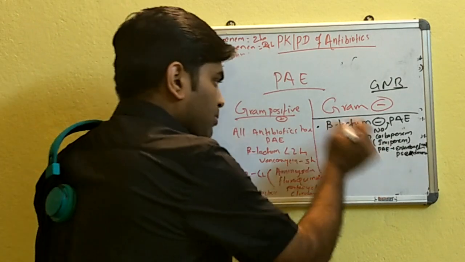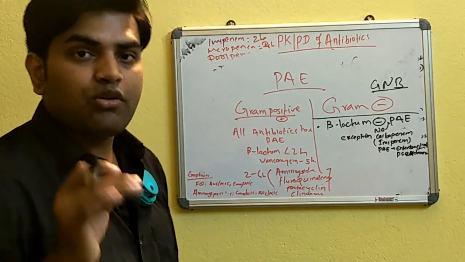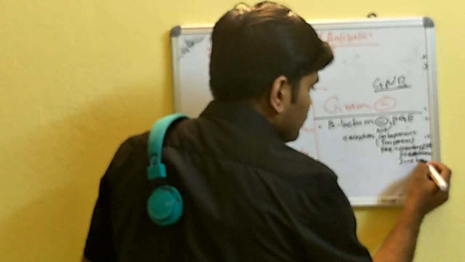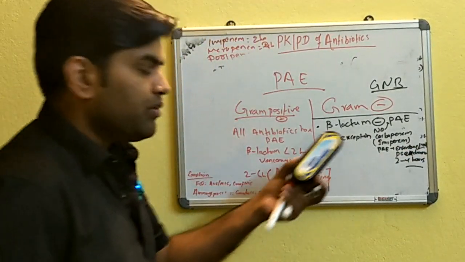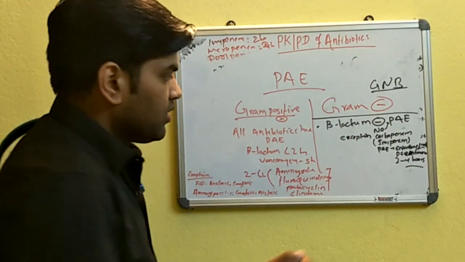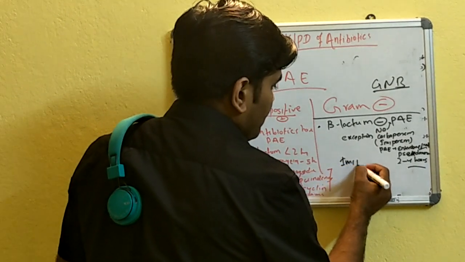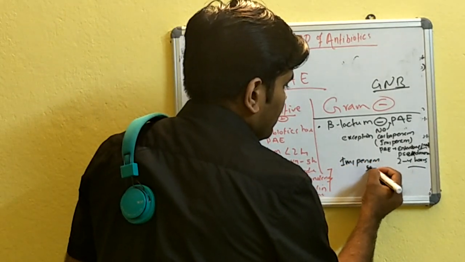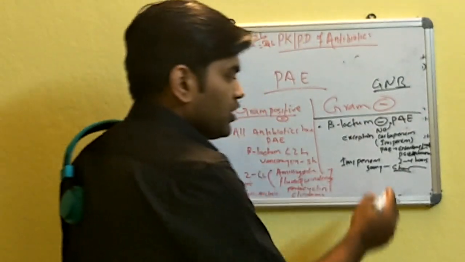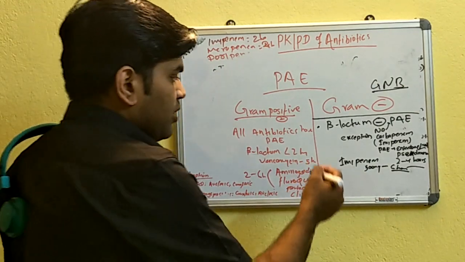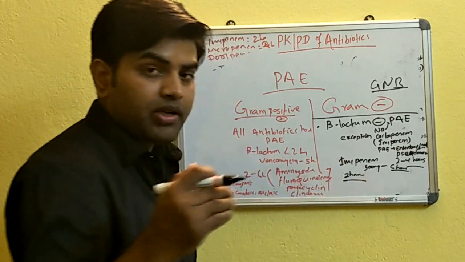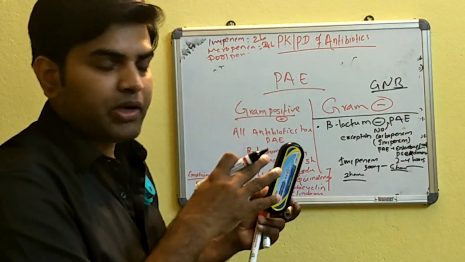The exception is carbapenem. Carbapenem, mainly imipenem, has post antibiotic effect and it usually lasts for 2 to 4 hours. So if you are giving imipenem 500 mg 6 hourly, there is a 6 hour gap. If you give it as a 2 hour infusion, the concentration is maintained above the MIC for 2 hours according to the PKPD parameter.